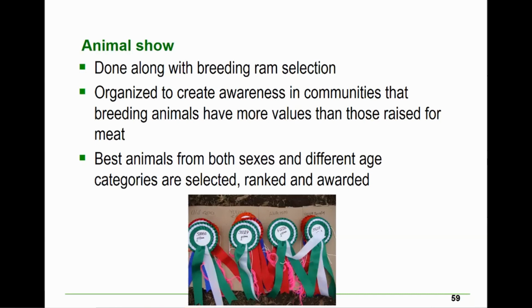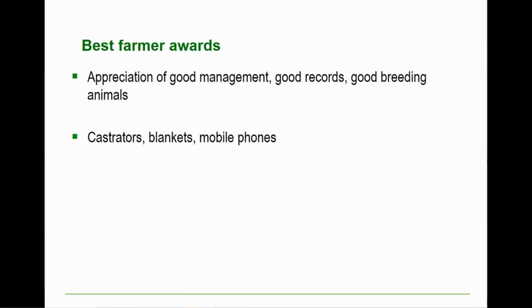So it's worthwhile to keep. In these animal shows, the animals were also awarded with the rosettes that you see on the bottom picture, which was of course also an event, and everybody was quite happy, especially if their animal won the prize.